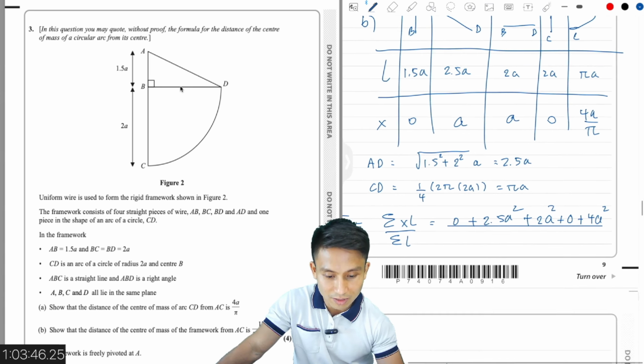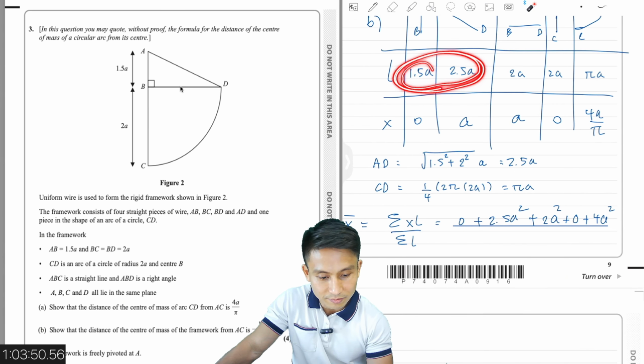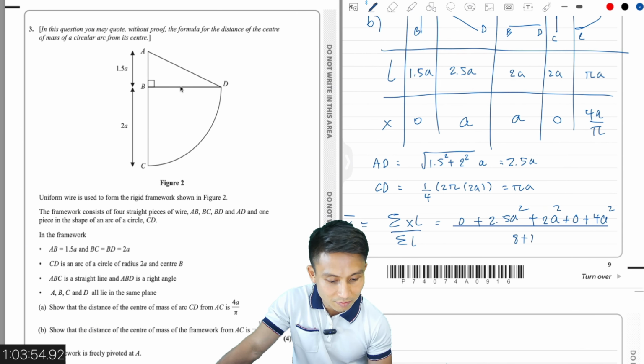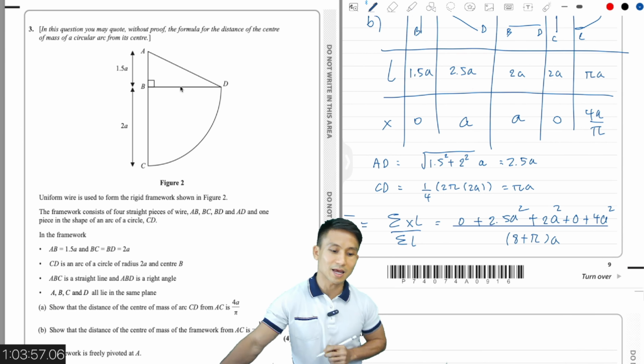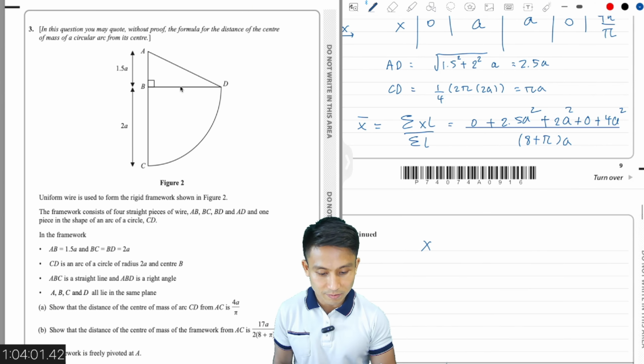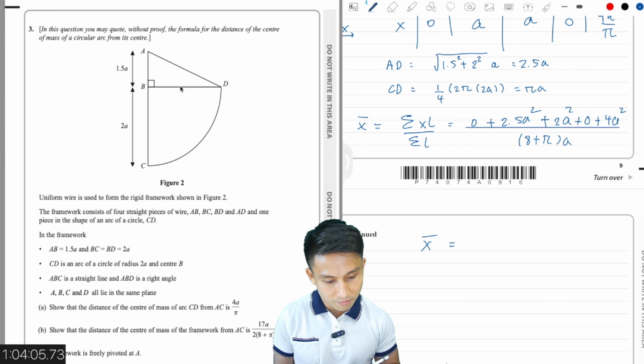So the total length would be all of these. So that is 4, and that is also 4. So 8 plus pi times a, like that. Okay, and then we just simplify. So a will cancel once. So the top bit will be 4.5 plus 4.